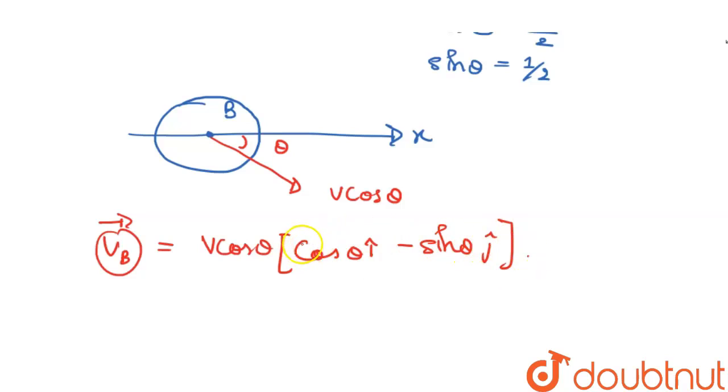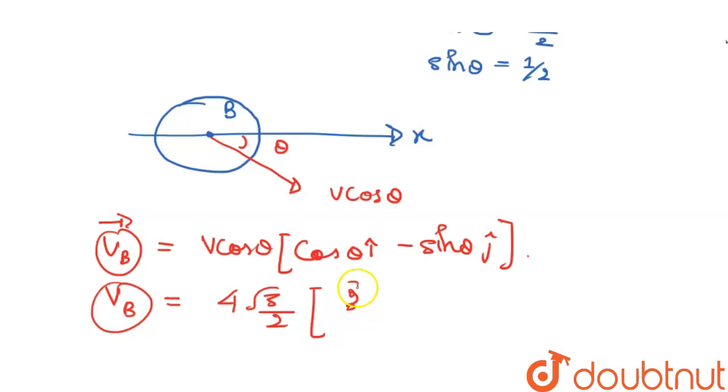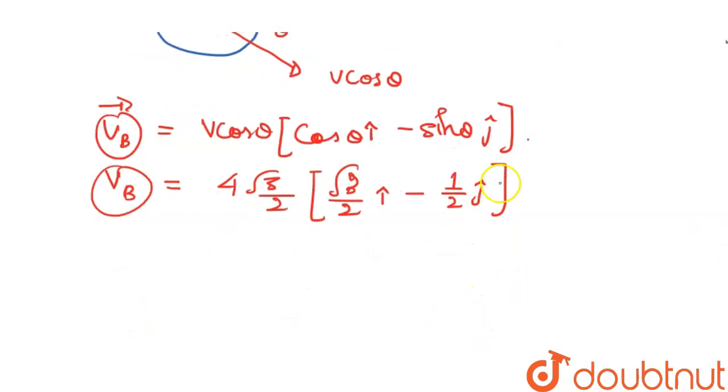After putting in the values of sin theta and cos theta, VB will be 4 times root 3 by 2 into (root 3 by 2 i cap minus 1 by 2 j cap). Simplifying this further, the velocity of sphere B will be (3 i cap minus root 3 j cap) meters per second.